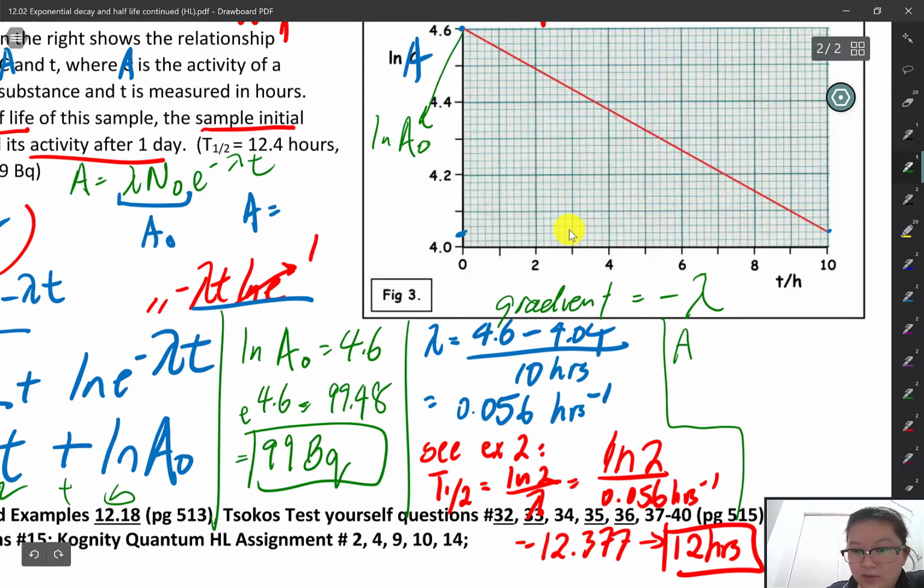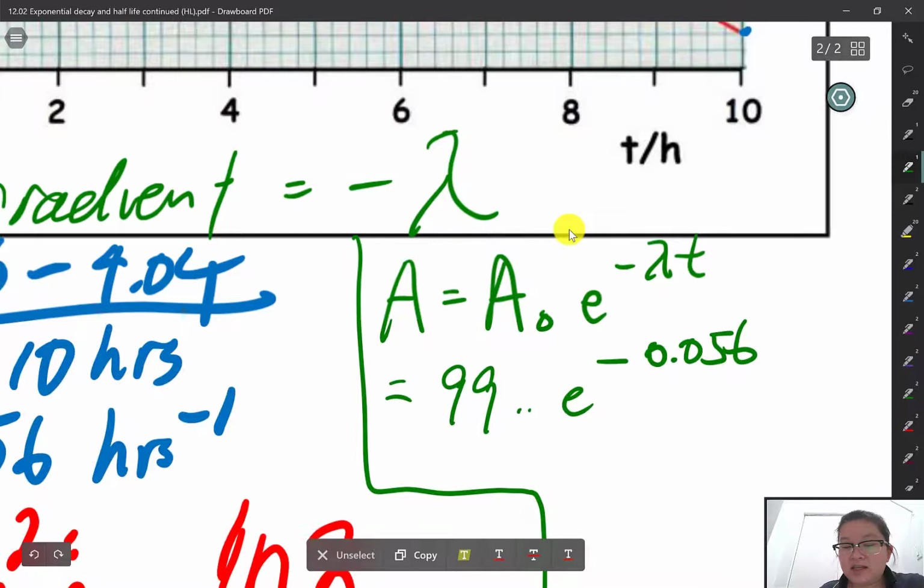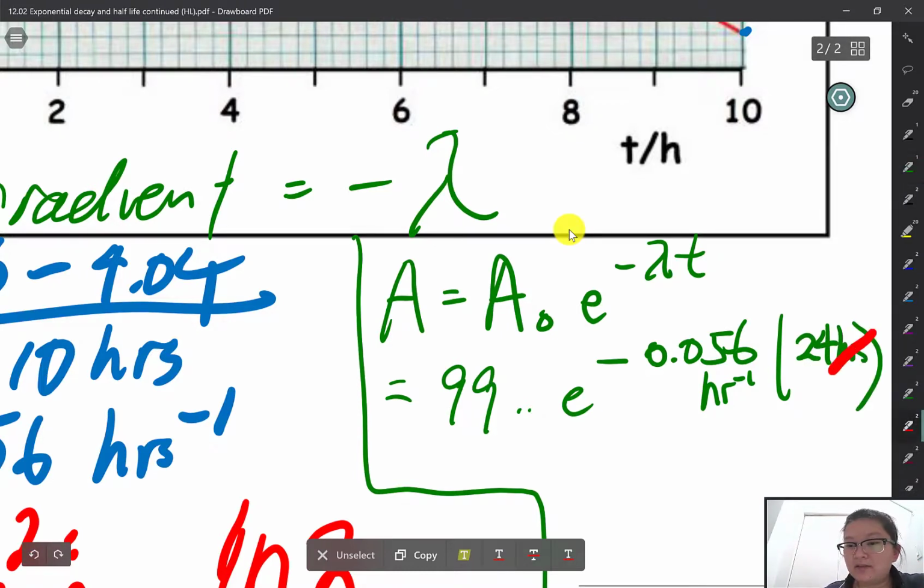Okay, so using activity is equal to initial activity times e to the power of negative lambda t. The initial activity is going to be 99, whatever that is, e to the power of negative decay constant, which is 0.056. This is where we have to be careful. This is in units of hour to the -1, but then we want 1 day, which is actually 24 hours. So this is where we have to match our units to make sure that the units cancel out nicely in our exponent.